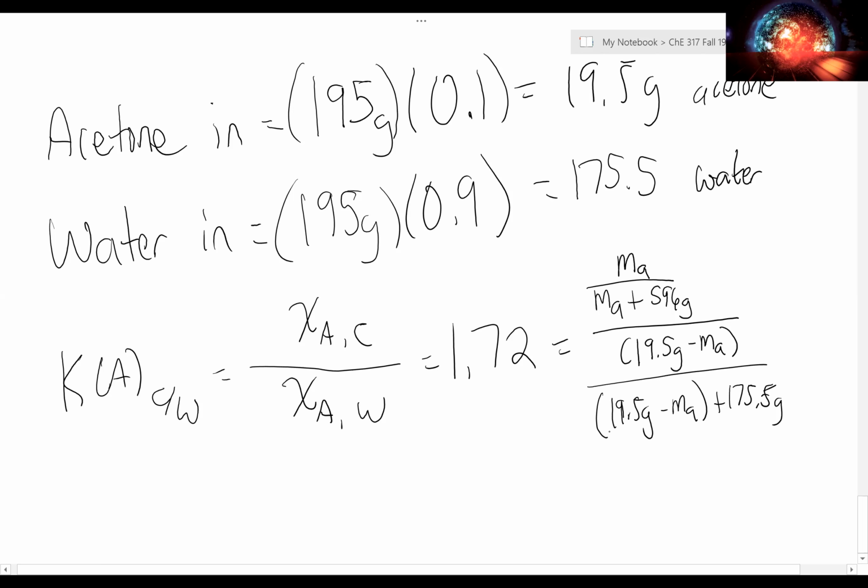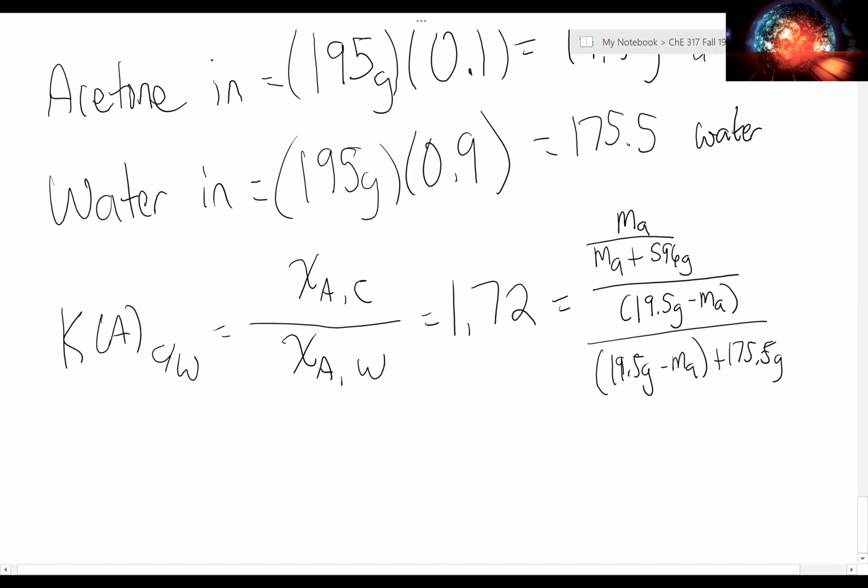So writing it this way gives me one equation, one unknown. Does everyone see how I did this, or do you want me to break it out further?